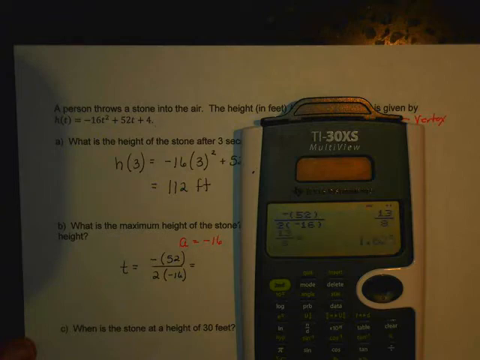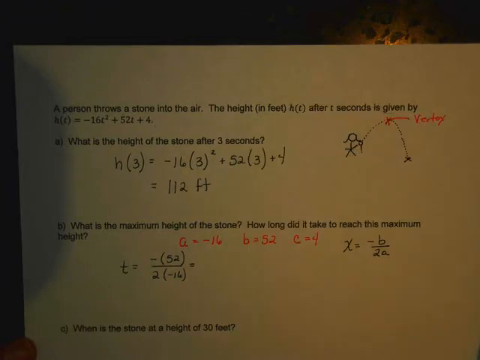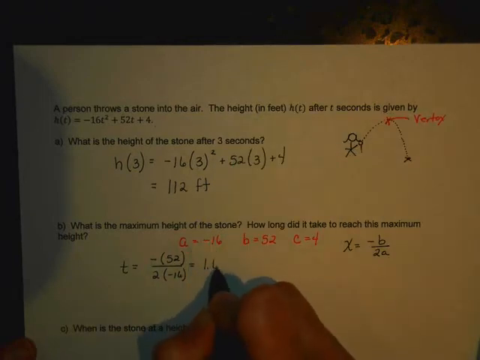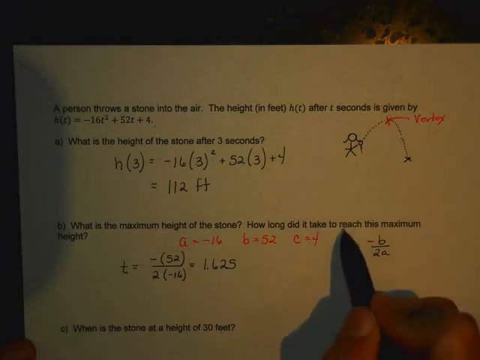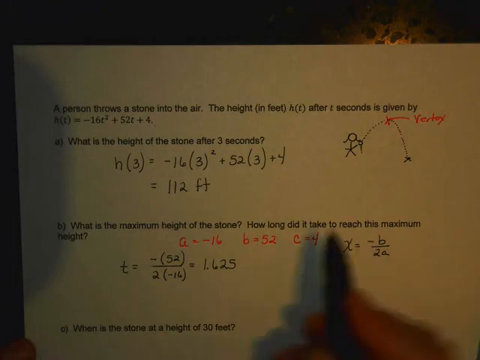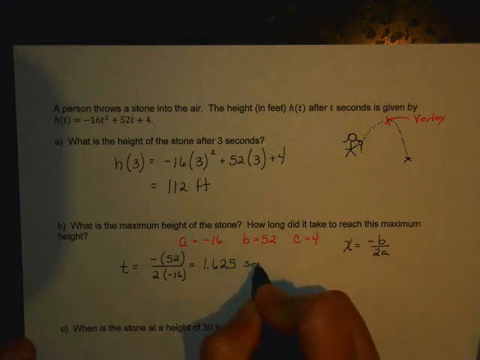Oh, I don't like the looks of that. All right, 1.625. So after a little bit over a half a second, the rock's going to turn around and start falling back down. But they want to know what the maximum height is and how long did it take. So that's how long it took.